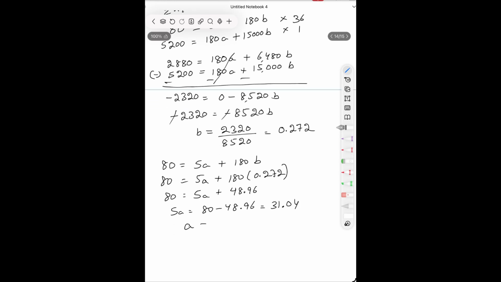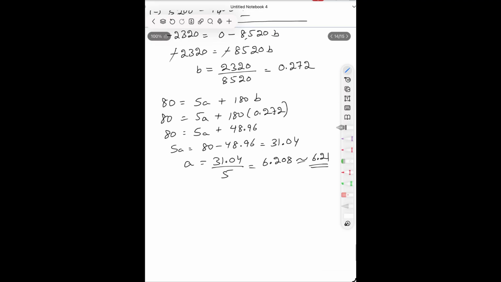So my a will be 31.04 divided by 5, which will be 6.208, or you can say 6.21, rounding off.